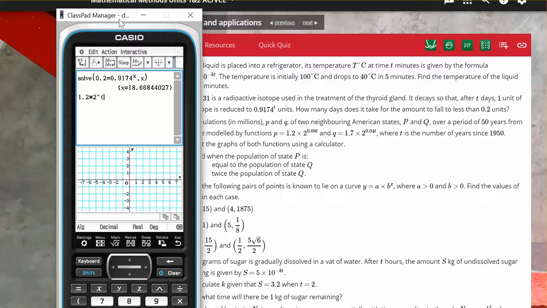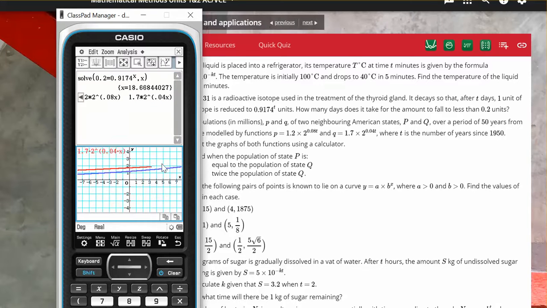Now, whenever you're entering in powers, make sure you put brackets in because the calculator misinterprets. So I'm going to type both of them on the same line. I just need to drag and drop the right one, 0.04 x. Now I'm going to plot this one, and I'm going to plot this one.